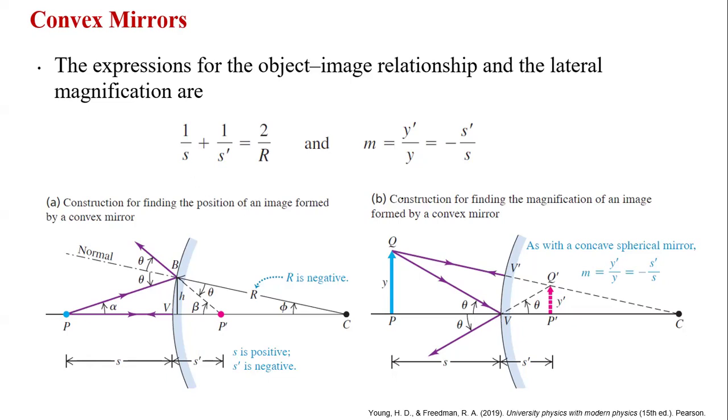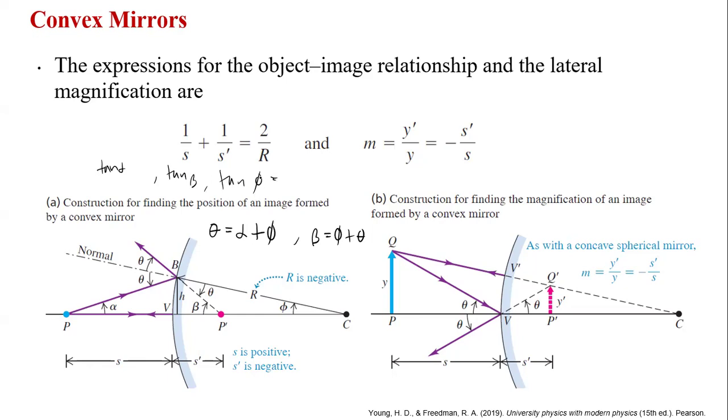If you follow the same derivation that we did for the concave mirrors, you can use the theorem alpha plus phi equals beta, which is equal to phi plus theta. Then you derive the tangent of alpha, tangent of beta and tangent of phi.